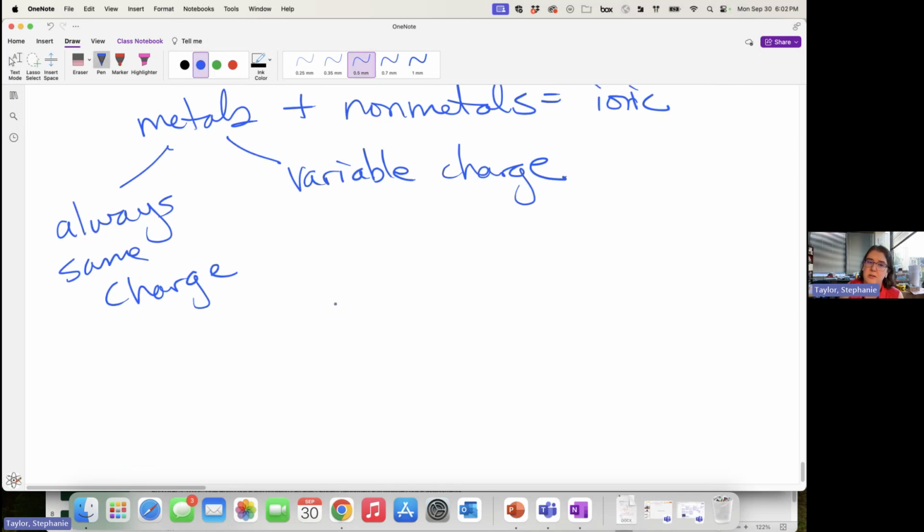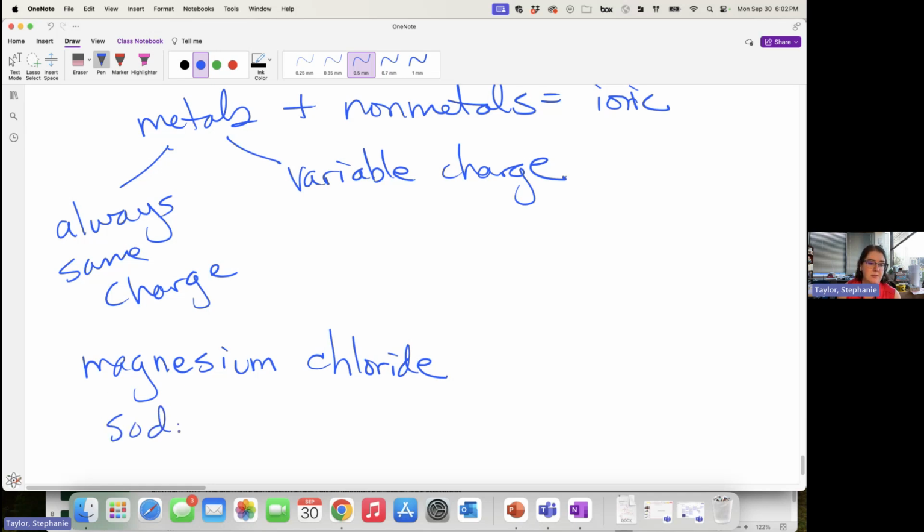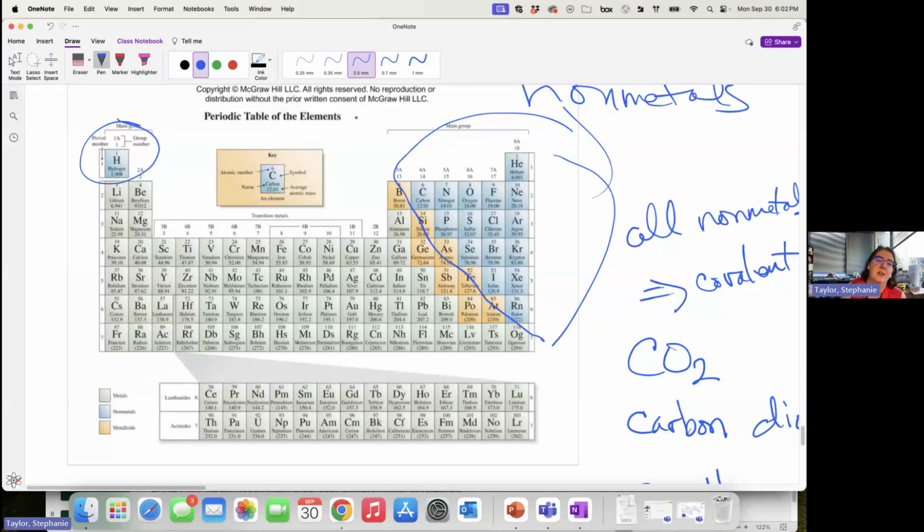If it always has the same charge, you just get to name it. Magnesium chloride. Totally correct. Sodium chloride. Totally correct. Because when you look at a periodic table, group 1A is always +1, group 2A is always +2, all the time. So you don't have to tell me what those charges are on anything in group 1A or group 2A, because they always have the same charge. You don't have to tell me, I know.